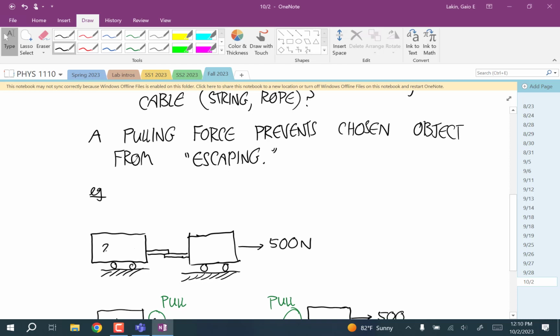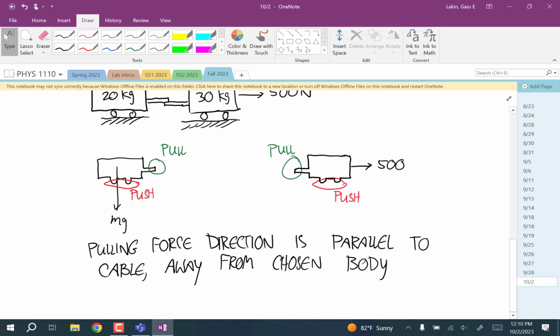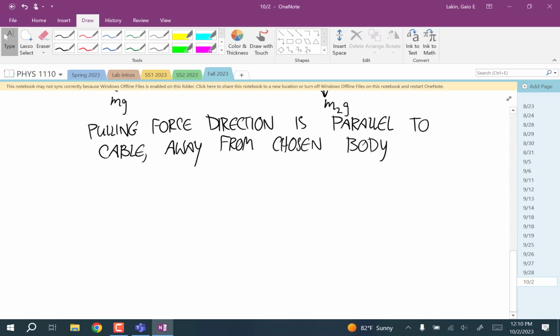So let's say that this one is 20 kilograms. And this one is 30 kilograms. And by the way, I drew the weight on that one, but not this one. This one would also have, I'll call this M2G. But okay, let's draw free body diagrams of these two carts. So this is the 20 kilogram.